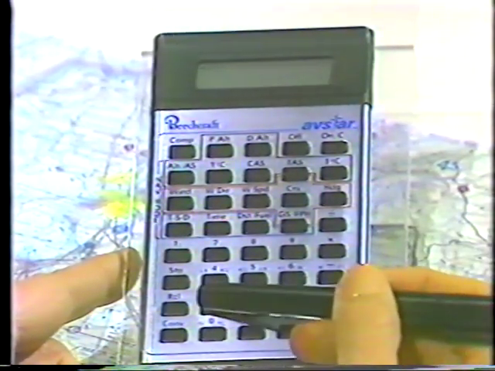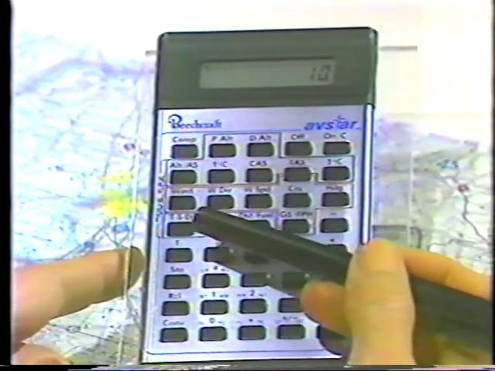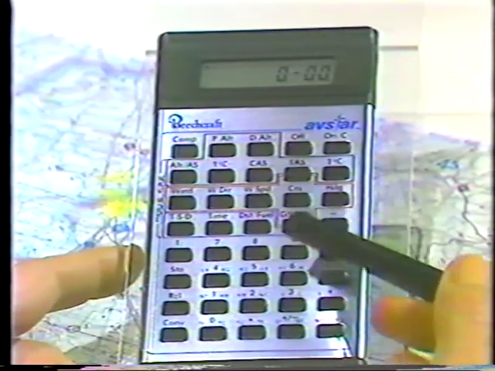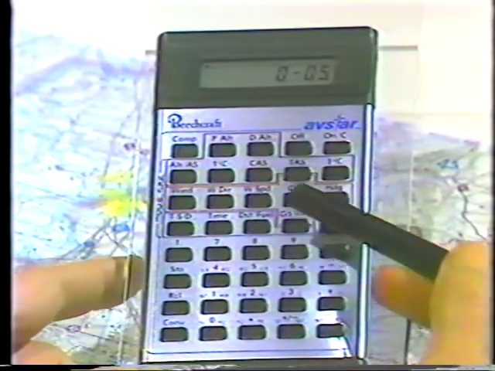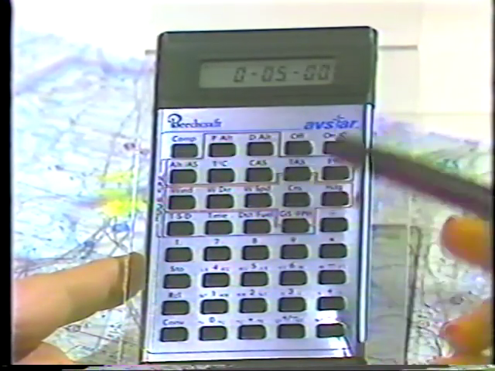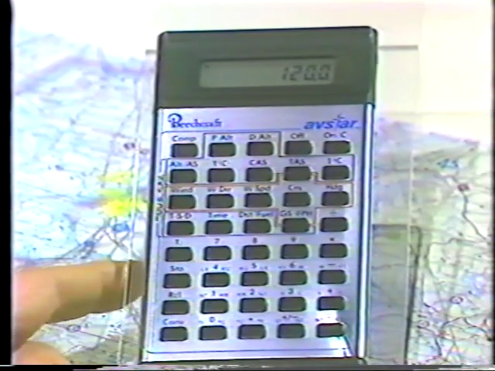Then we enter 10 nautical miles as our distance. And our time is less than 1 hour, so we depress the T button to enter 0 hours, then the 5 for 5 minutes of time, and ask the computer to compute for ground speed. Our answer, 120 knots.